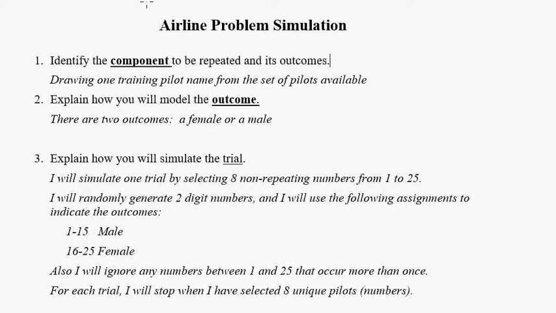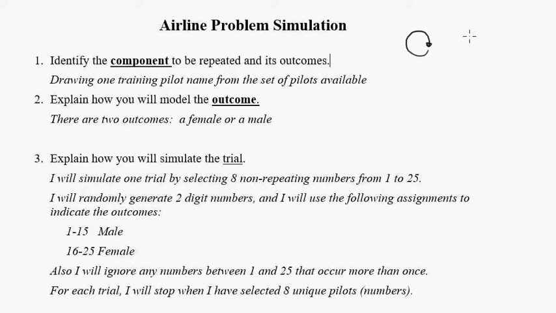When we do a simulation, there are some things that we need to identify, and the first one is called a component. That's sort of like the primitive thing that we do over and over again. If we're selecting batteries from a conveyor belt and we want to check if they're good or bad, then just selecting one battery is the component.